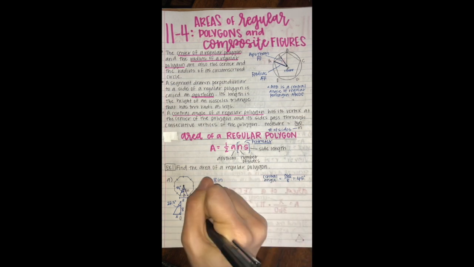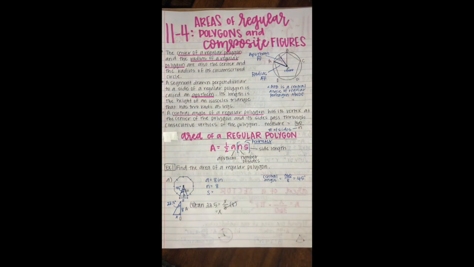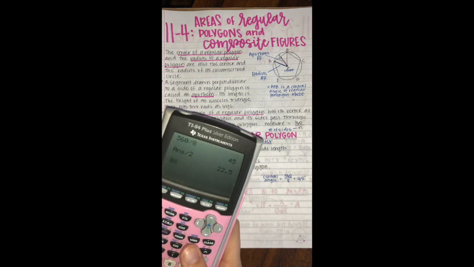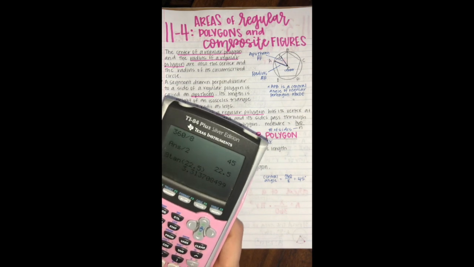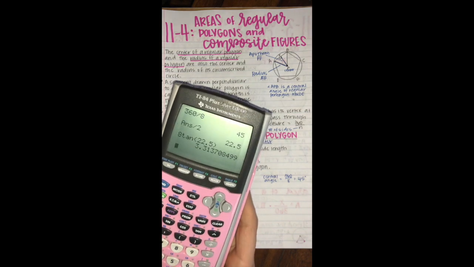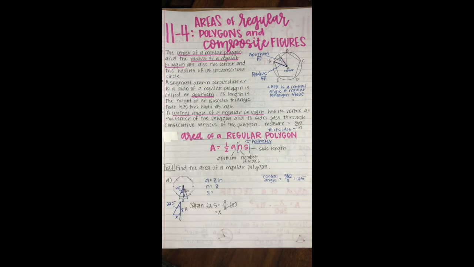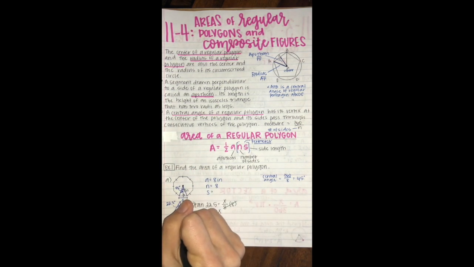So we're going to multiply both sides by 8, and then we're going to know what x is. So we're going to type that into our calculator. So 8 tan 22.5. Let me just make sure real quick. Okay, good, my mode is on degrees. So I get, let's just do one decimal place, 3.3. So that means that this is 3.3 right here.